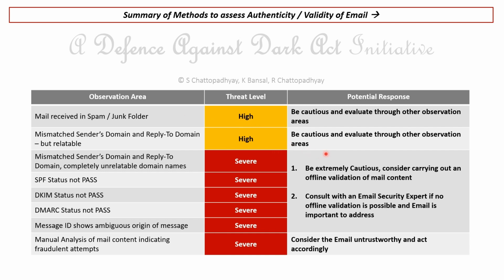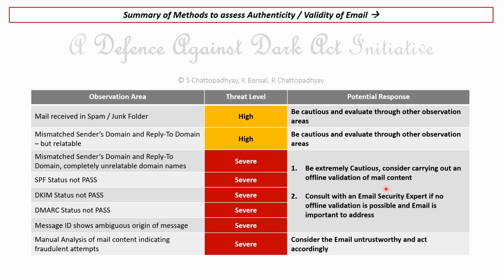If you have to investigate whether a particular mail is trustworthy and legitimate, you need to look at all these criteria together, see how many of those are not passing, and then be cautious to carry out an offline validation of the mail content.